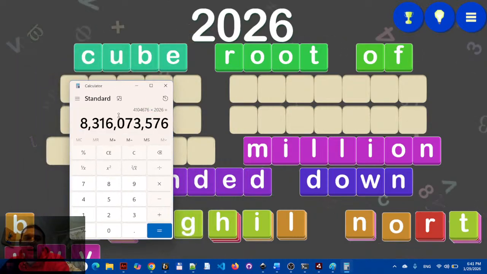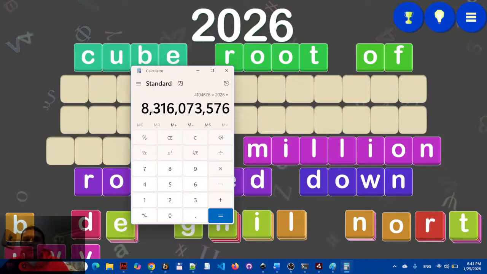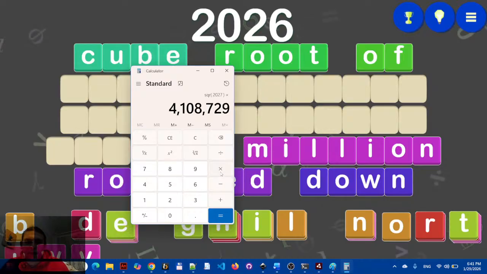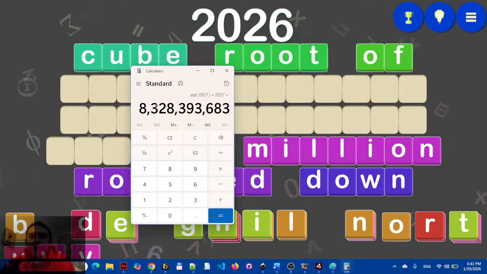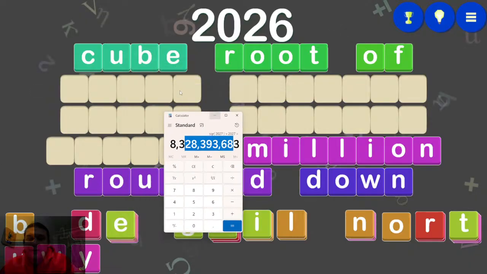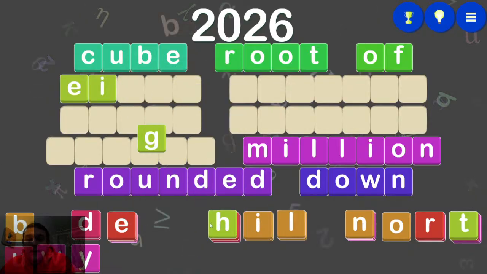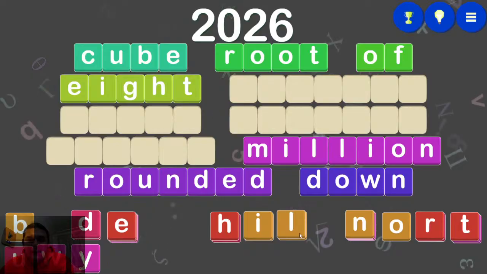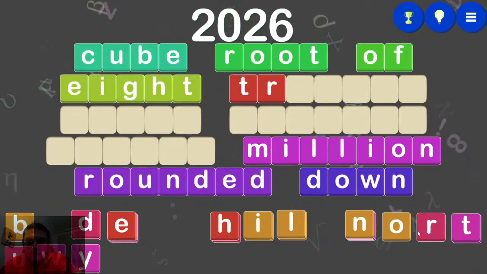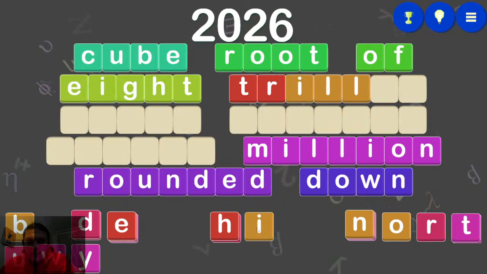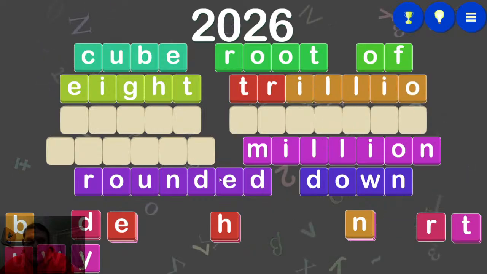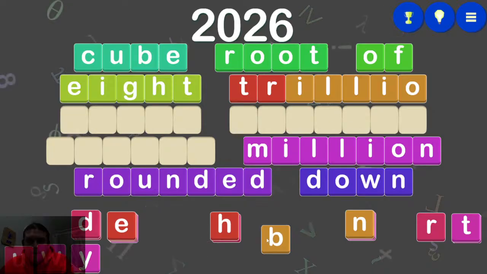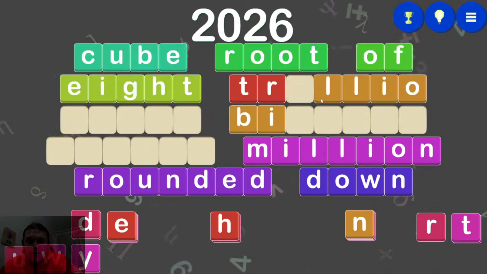But if we have something rounded down, our number is between this number and 2027 cubed. So again, 8 billion, and here we have 3, but other digits are different.